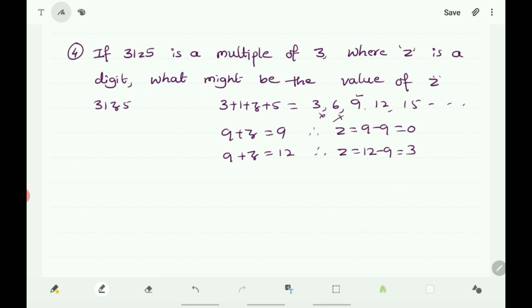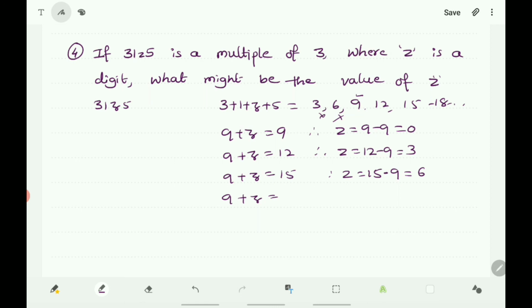3 is also a digit. Next, 9 plus z equals 15. Then z equals 15 minus 9, that is 6. That is one of the possible values of z. Next you can have 18 also.